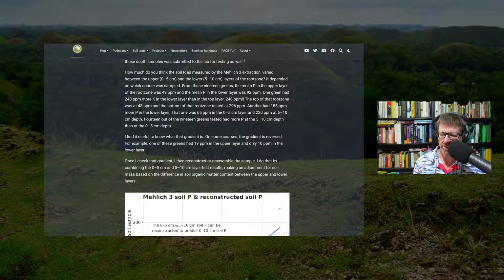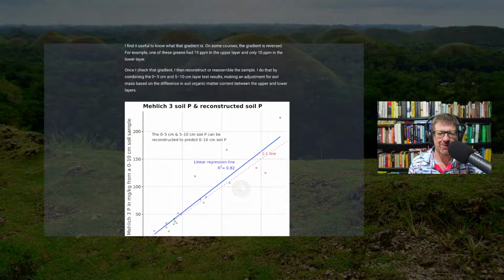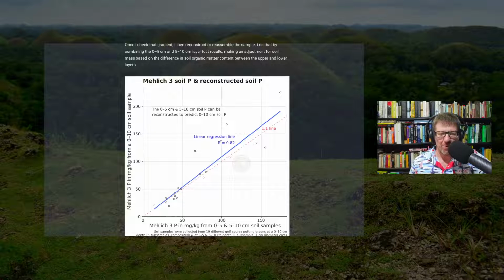The opposite direction in terms of where it was concentrated higher at the top, the most extreme one in this data set had 17 parts per million more at the top than it did at the bottom. So the highest one in the other direction, though, had 248 parts per million more at the bottom than it did at the top. So that is a post that I would encourage you to check out to see how things can be.